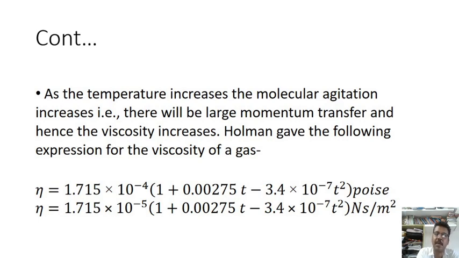Almond gave the following expression for the viscosity of a gas. Eta is equal to 1.715 times 10 to the power minus 4 into 1 plus 0.00275 T minus 3.4 times 10 to the power minus 7 T squared.